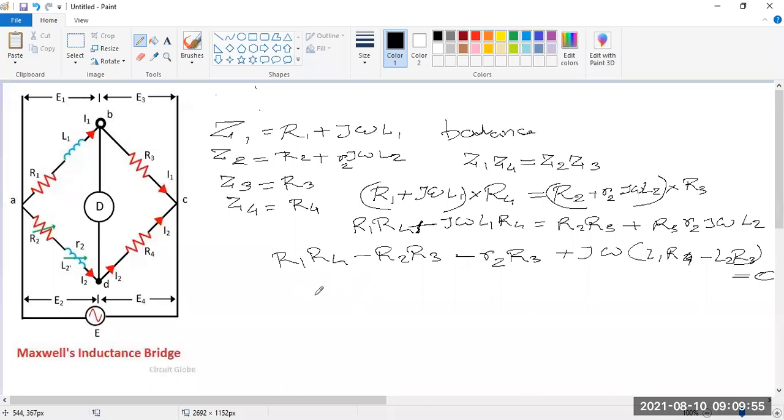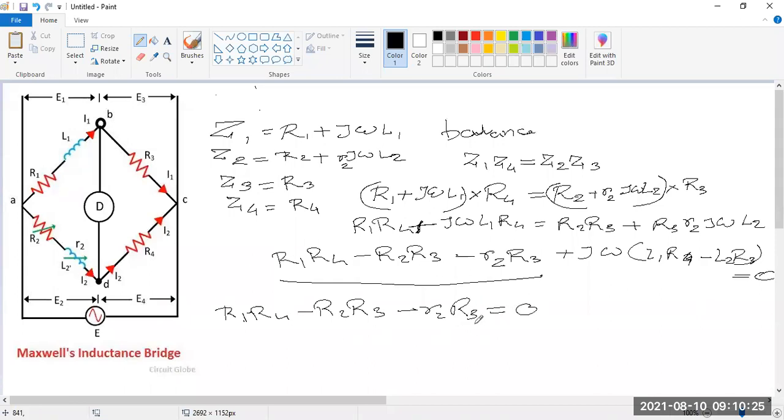And from these cases we are getting the real part. We can separate the real part and imaginary part. We get R1 R4 minus R2 R3 minus small r2 capital R3, and this is 0.